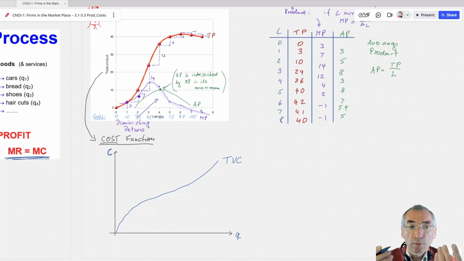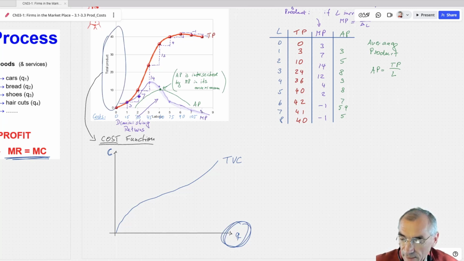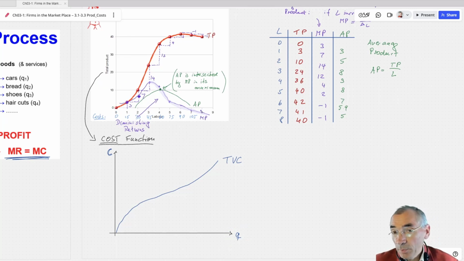This cost function refers to the quantity, so it's no longer about how many workers I employ, but how many pizzas I make. What is my total output, my quantity Q? Okay, variable cost, because it measures only the costs of hiring more or fewer people.